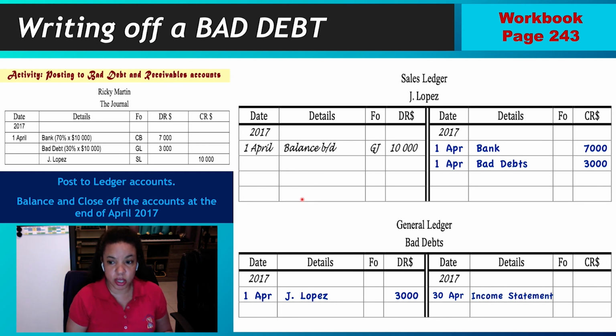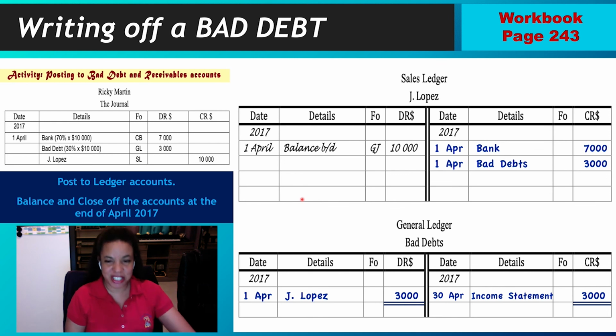And what is the total figure? $3,000. For your accounts receivable, that is not a close off, it's a balance. So we're going to balance it, and you would see that both the debit side and the credit side have the same total. Oh, let me just close off my bad debts there, so you see the two double lines.